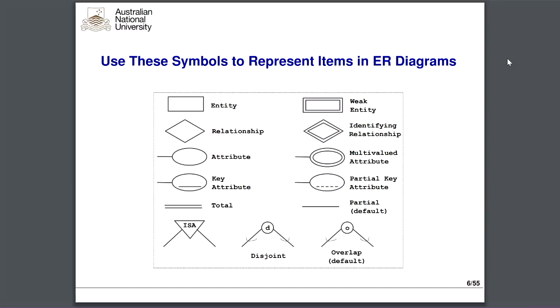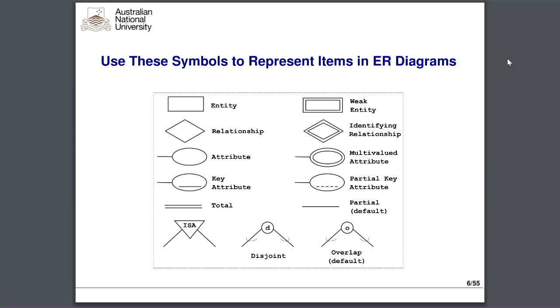The motivation for understanding why each symbol represents each thing is that this may help you memorize what symbol means what. So that's why I spent a bit of time talking about the reasons behind it.